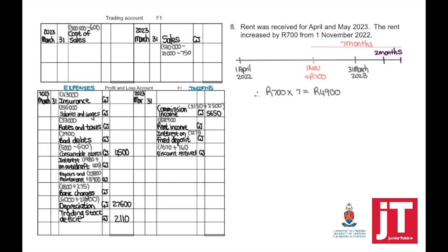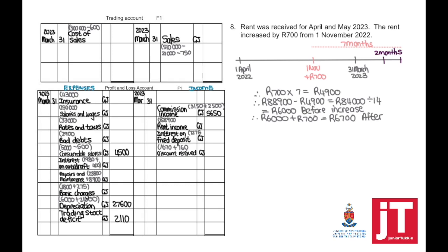So 700 times 7 equals 4,900. Then take 88,900 from the pre-adjustment trial balance minus 4,900 equals 84,000 and divide that by 14 to find out the rent before the increase.